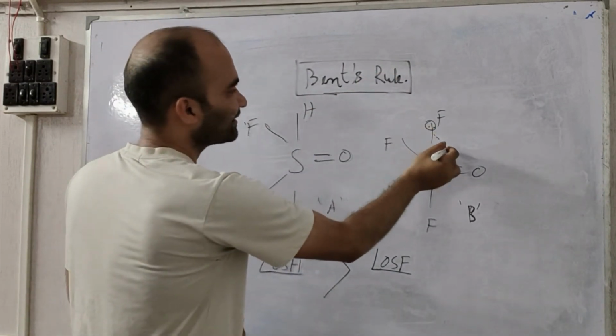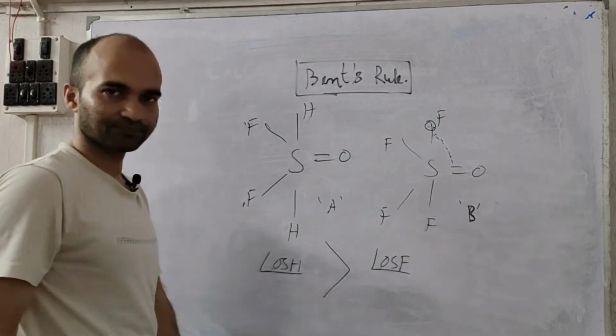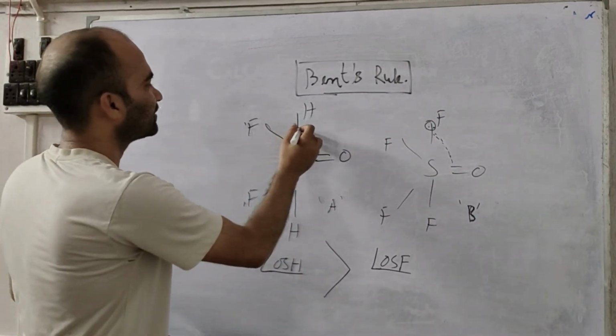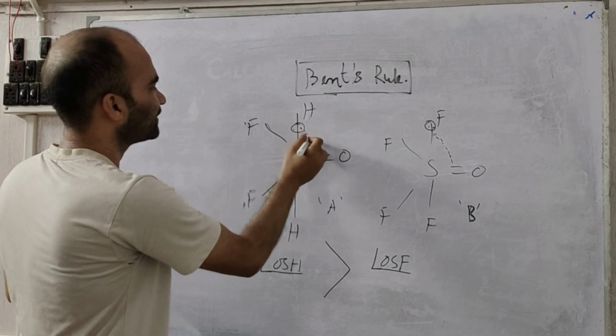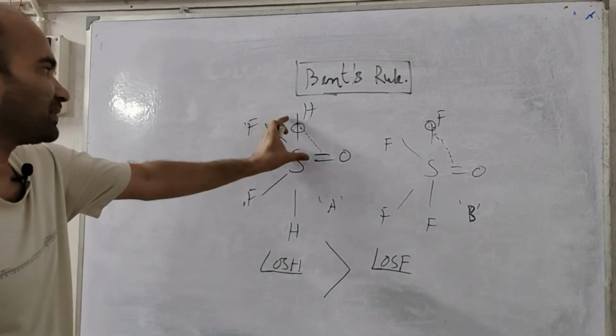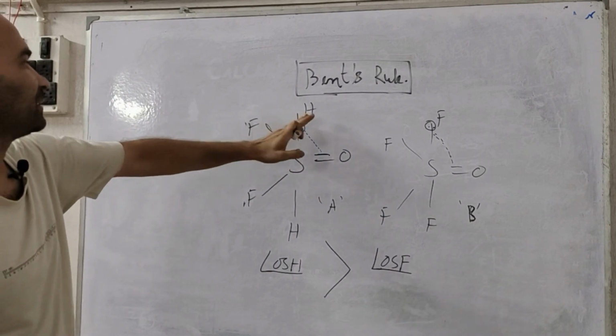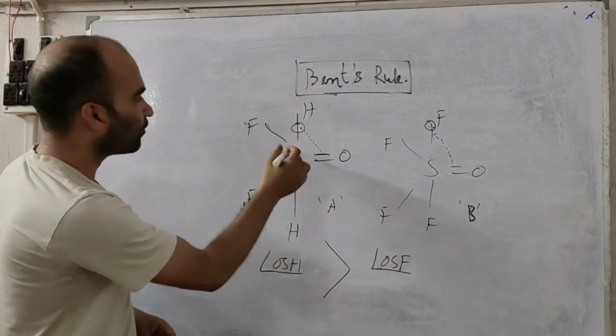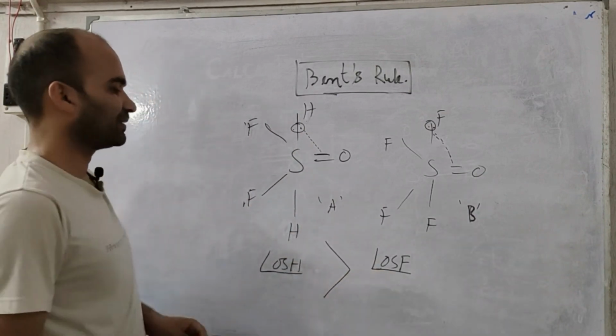Thus the distance is much larger. Here, the bond pair feels a very small distance from the pi electron density. Thus the repulsion will be higher and it will bend towards itself. Thus the angle OSH is much larger than OSF.